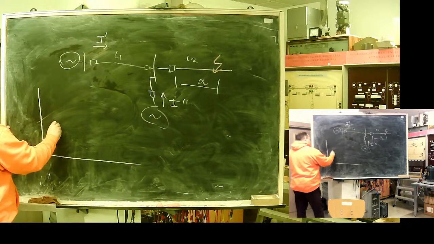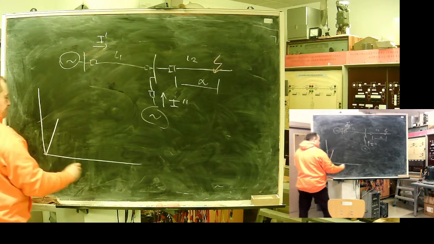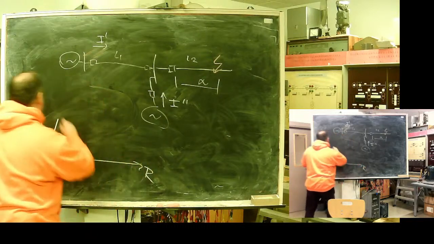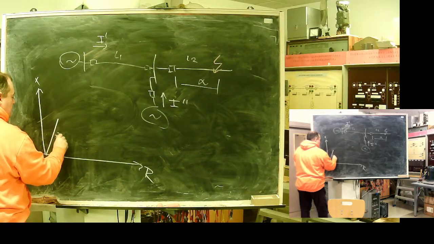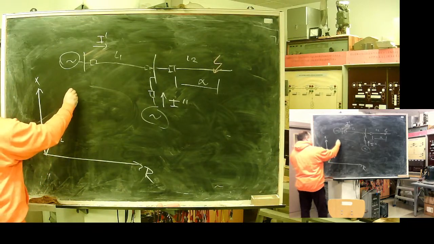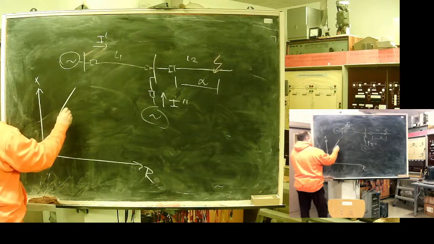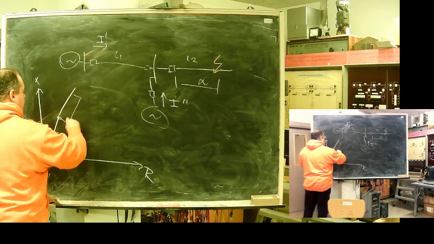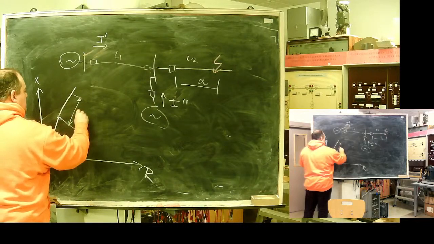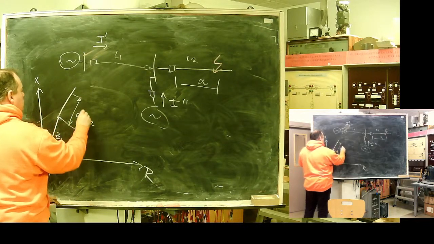In theory, we should see something like this: this is R, this is X. This one is the resistance of the first line. I will draw some angle, and here is alpha, ZL2.